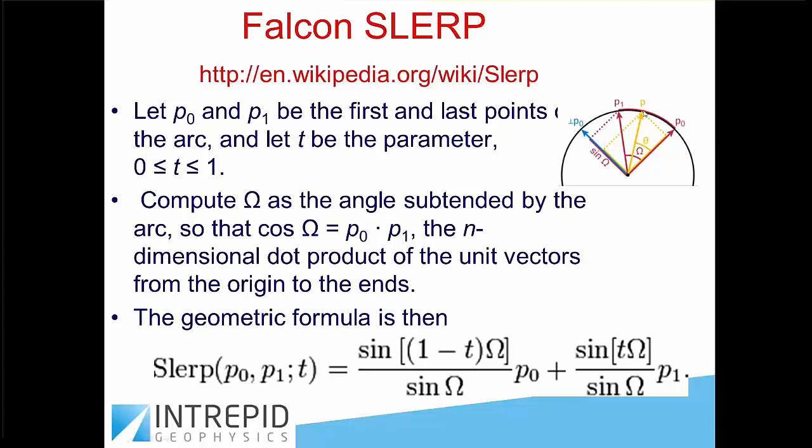And so we wish to estimate P, which is some point spatially separated, and we turn that spatial separation into an angular separation, and we use the sine method down the bottom here, where T is the distance operator between P0 and P1, and the angle is the omega between P0 and P1, and we estimate the value.